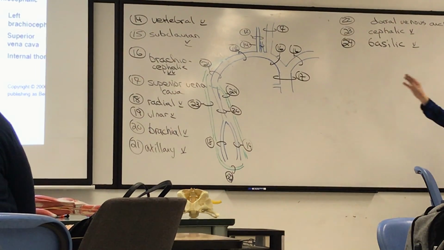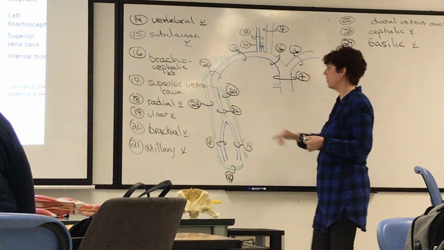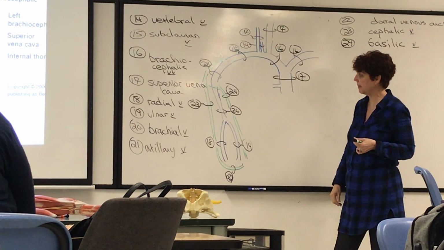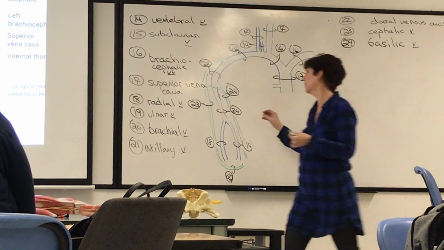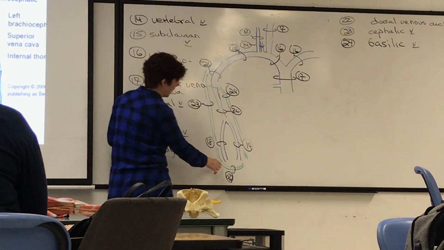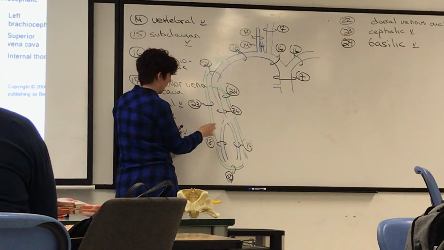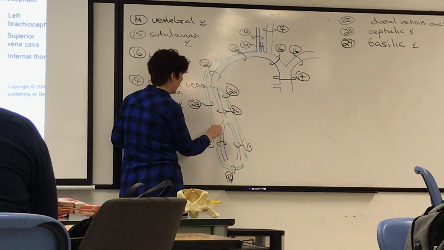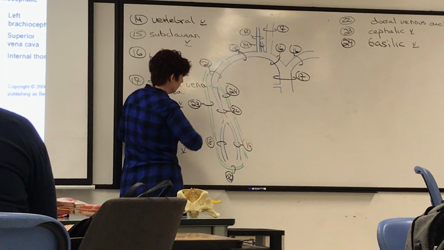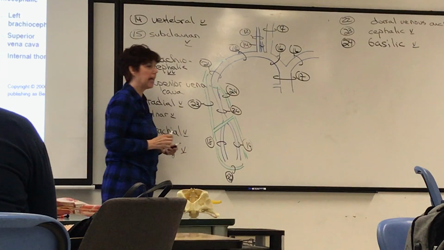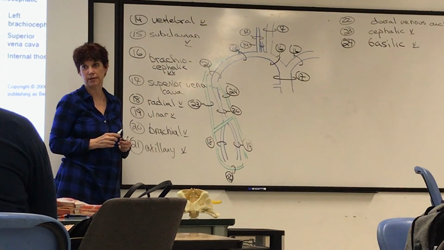All right, so we're not quite done with the H pattern yet, but those are the two major superficial veins. To make the H, blood that's draining from the cephalic vein can cross over to the basilic vein, right at the area of the elbow. And this is called the median cubital.